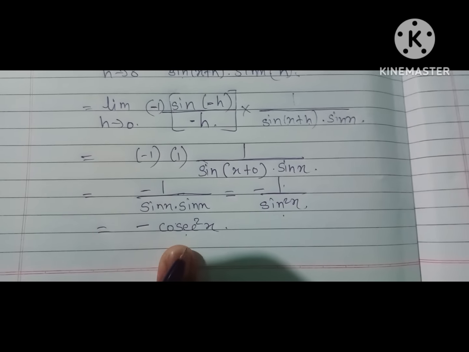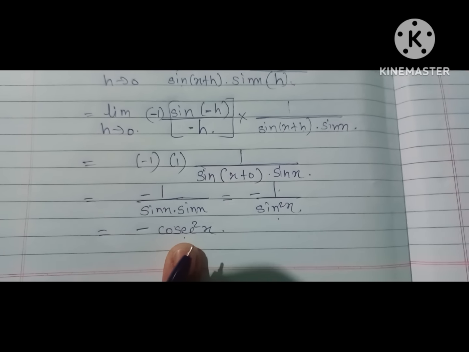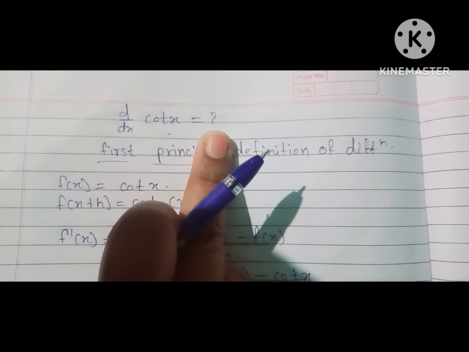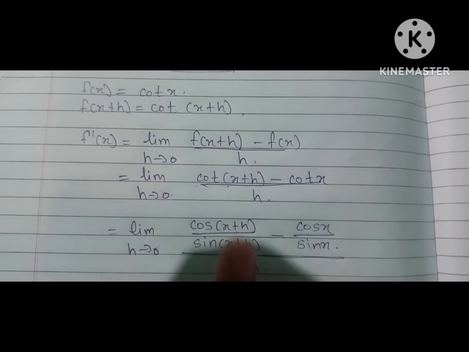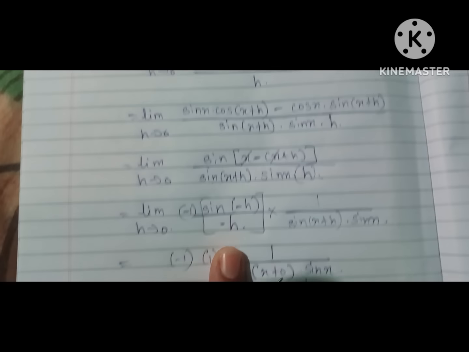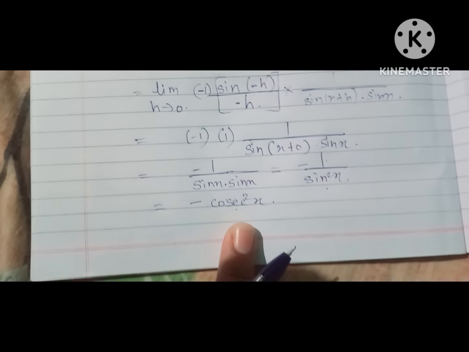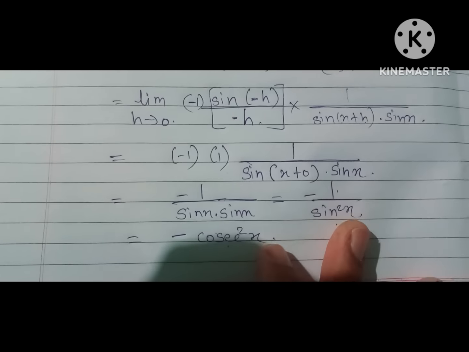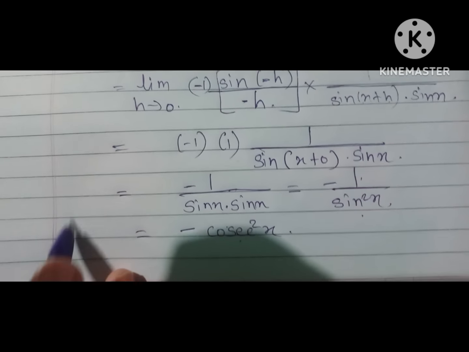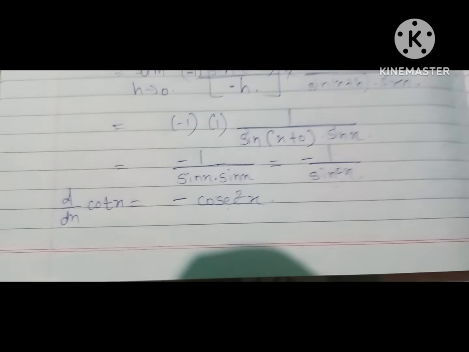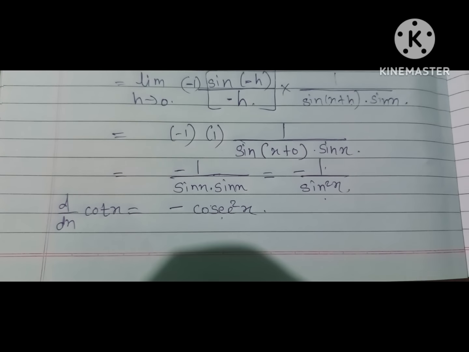So we get this value for the differentiation of cot x, and these are the steps to solve the differentiation of cot x with respect to x by using first principle or the definition of differentiation. So d dx of cot x is minus cosec square x.